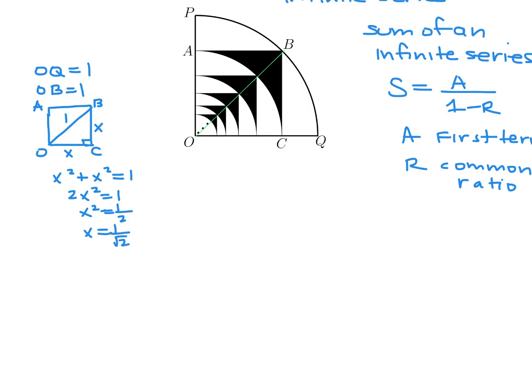Okay, that helps me figure out the first shaded region, and I'll just call it region 1. And then as you can see, they've drawn others. This is region 2, this is region 3, and then 4 and 5, and so on. I think the first 3 should be sufficient for me to assess if this is indeed an infinite series with a common ratio.